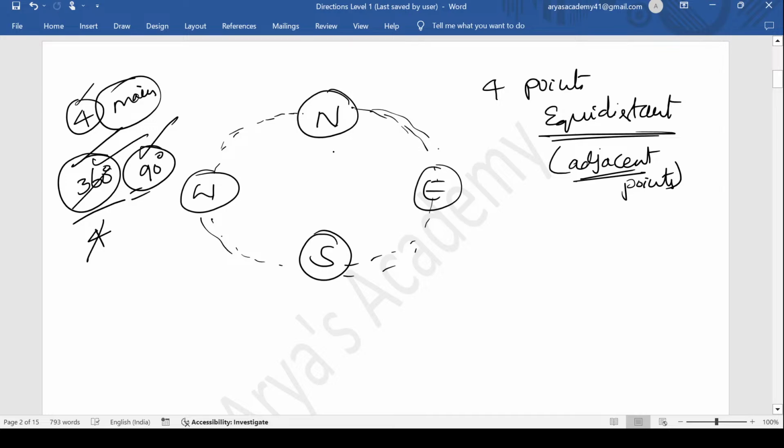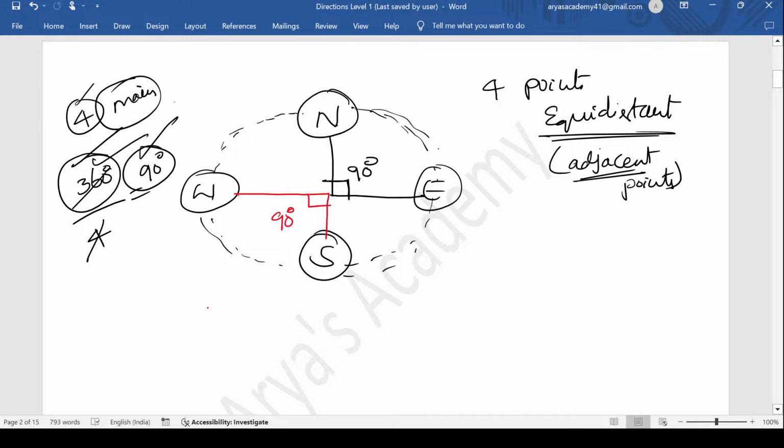That means the angle between north and east will be exactly 90 degrees. Similarly, the angle between west and south will also be how much? 90 degrees.